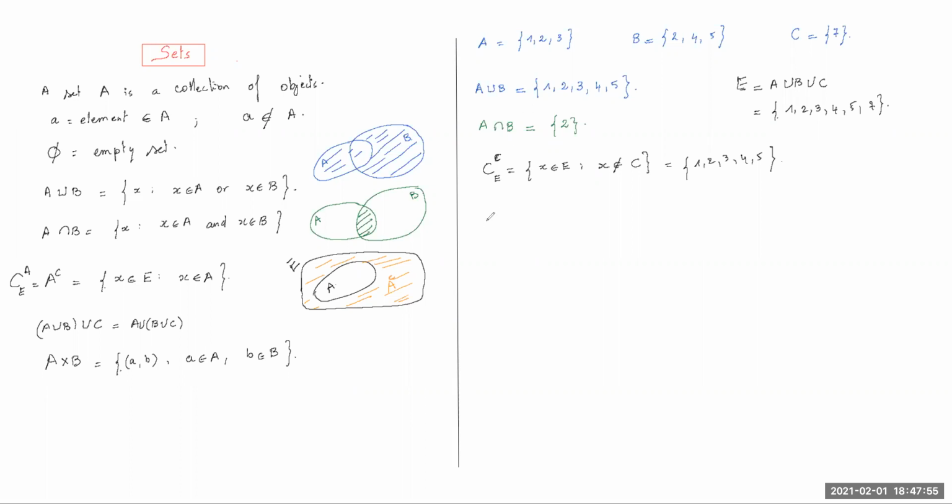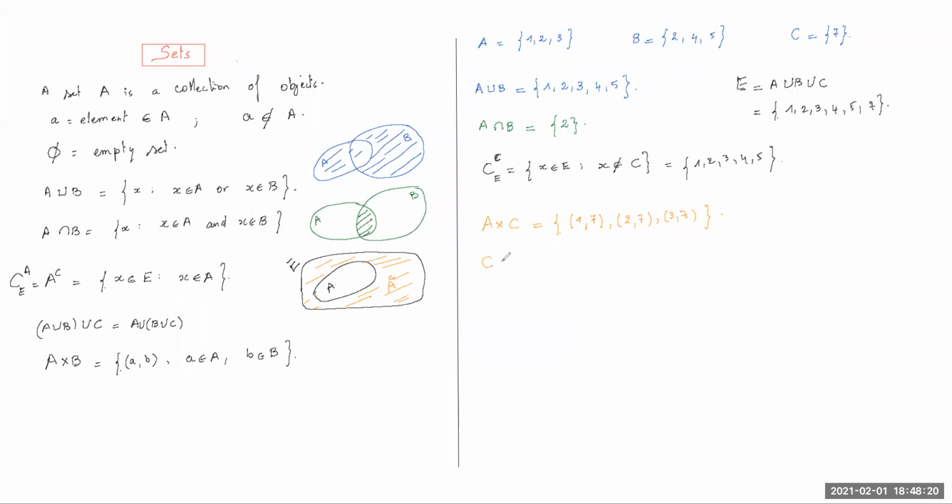For example, if I want to find A cross C, for me it will be elements that are pairs. The first component is in A, so I will have 1. The second component will be in C. C has only one element, so it will be (1, 7), then (2, 7), then (3, 7). And the order is important.